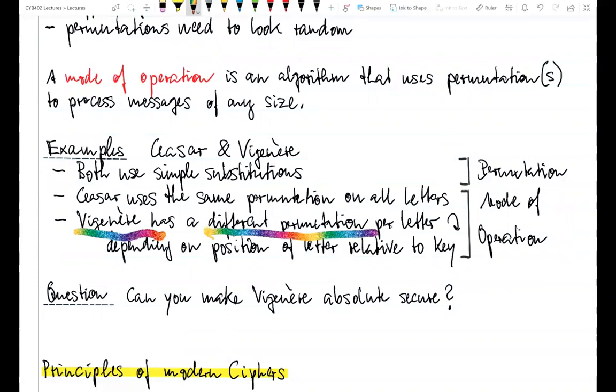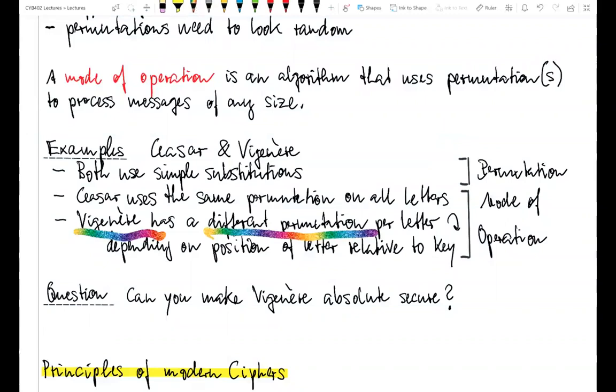And remember what I said is that the same letter may, or almost certainly will, result in different letters depending on the letter of the key that is being used to encrypt a certain letter. So the same letter E throughout the text will be encrypted differently any time you try to encrypt it by way of the Vigenère cipher.